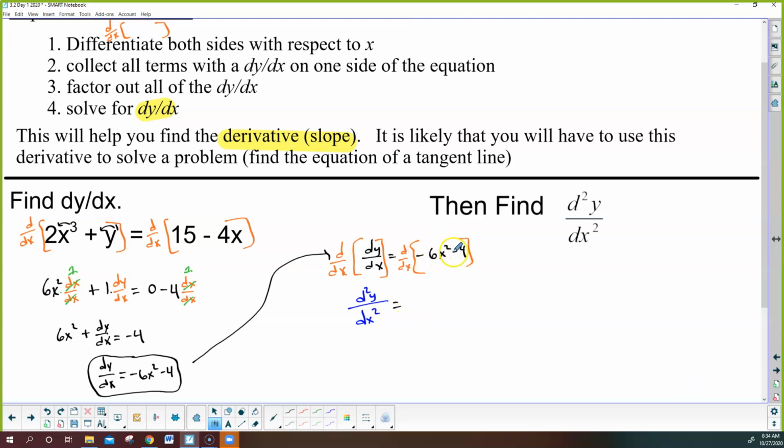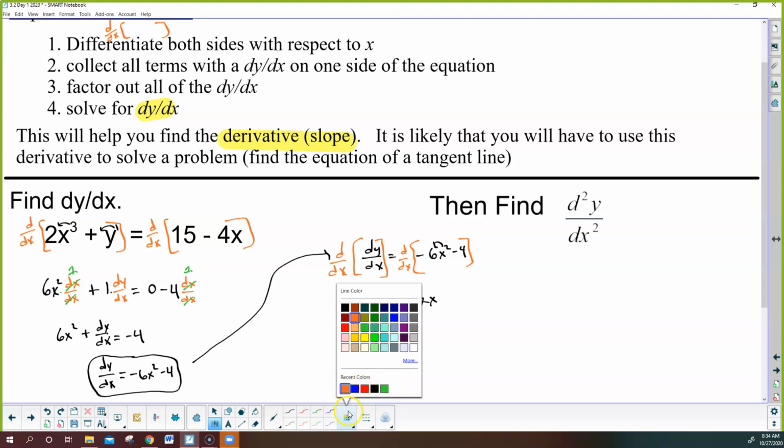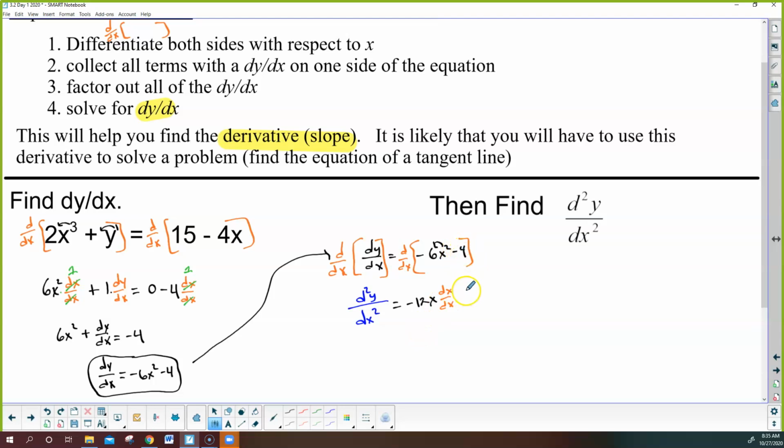And then I have to take the derivative of each piece. Well, inside, this is just the power rule. I get negative 6 times 2, which is negative 12 x to the first power. But then we took the derivative of x with respect to x. And then the derivative of negative 4 is 0.